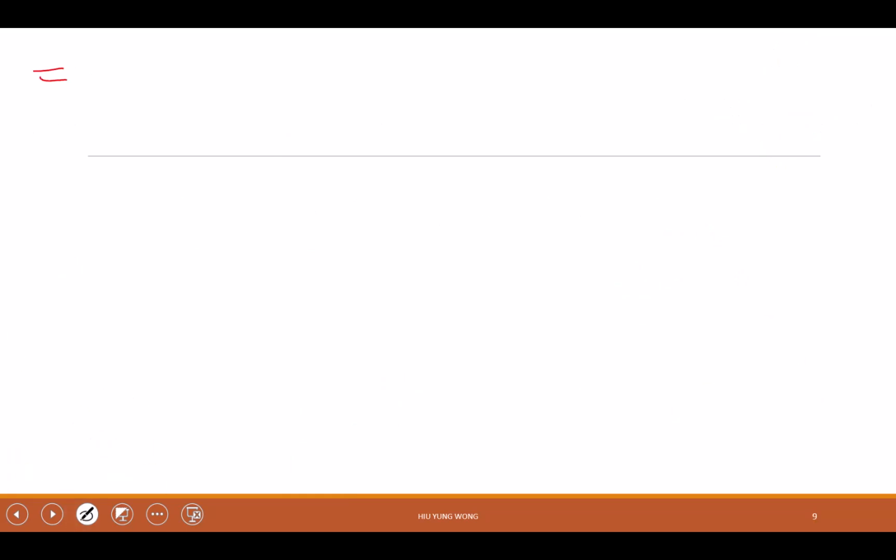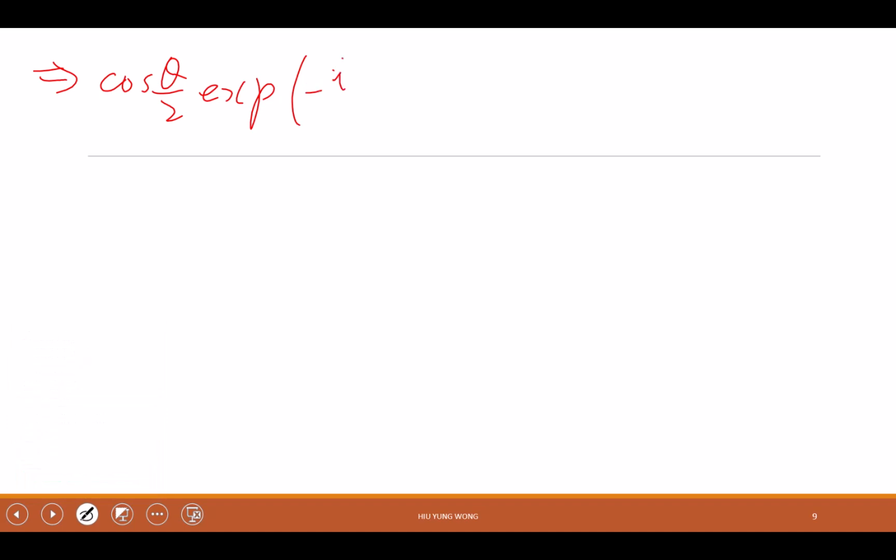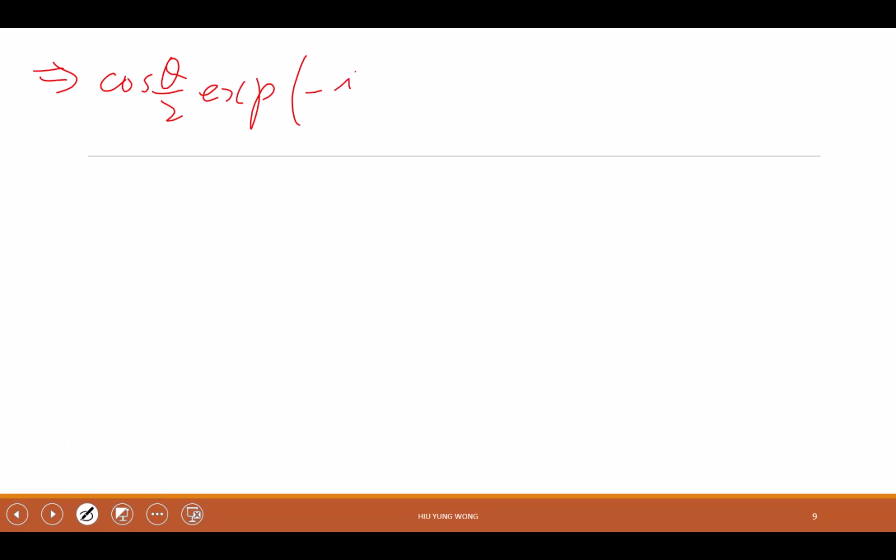So now the wave function becomes cosine theta divided by 2, nothing changed. And then the exponential: I'm going to take this out, negative i divided by 2, and then I had the phi at the beginning, right?